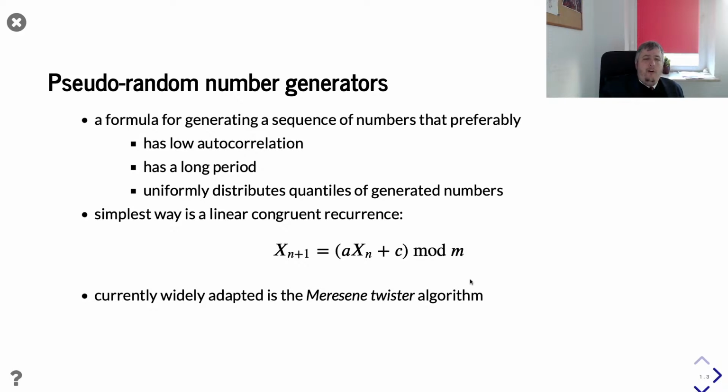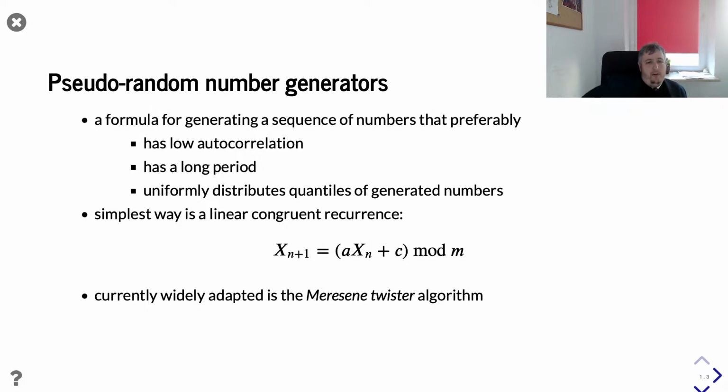As long as we choose appropriate parameters A and C, we can get a very nicely working random number generator. They will have some autocorrelation and some periods, but for very simple uses it will be enough.